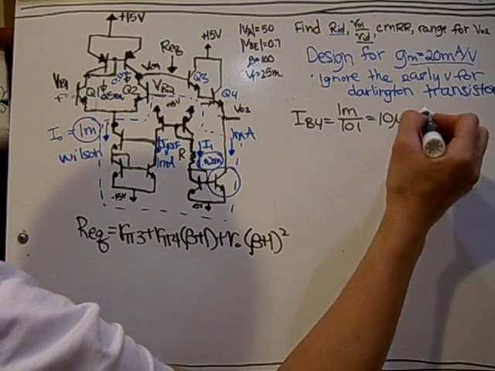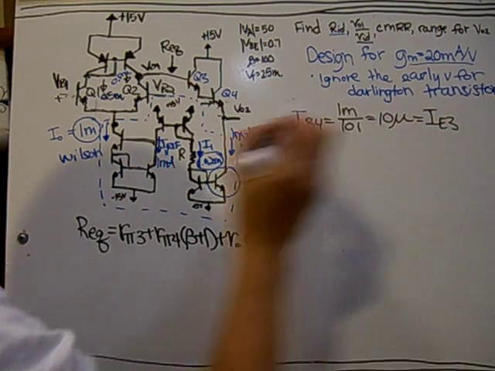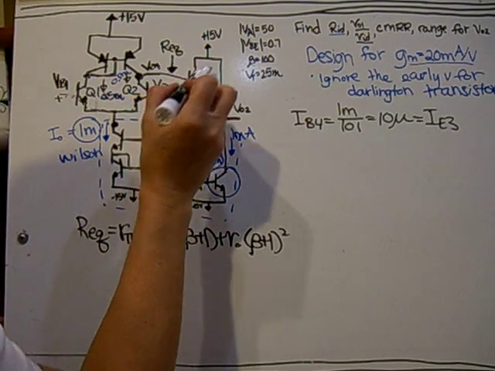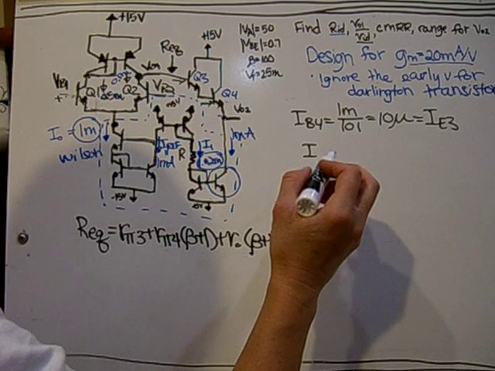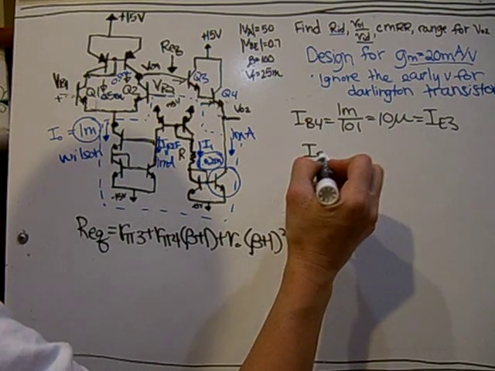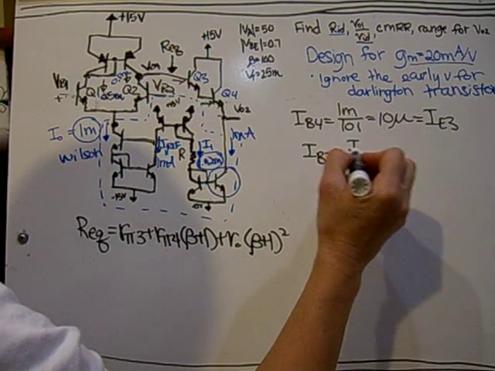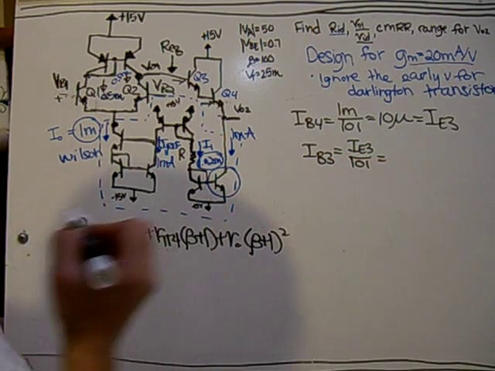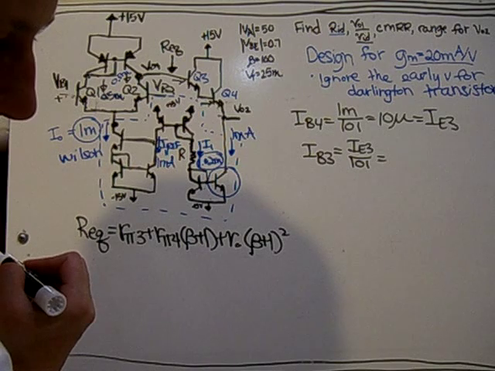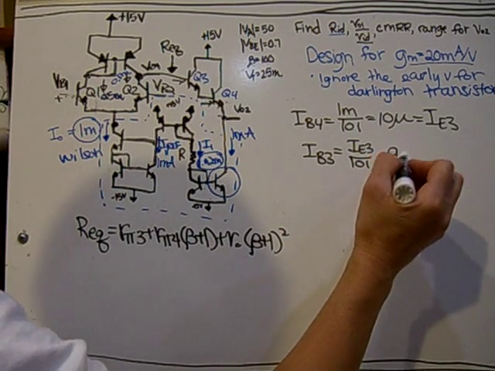That's the same as IE3. That's the current in the emitter for transistor 3. And then I can use the relationship again to get IB3, which is IE3 over 101. So I end up with 99 nanoamps for this one.